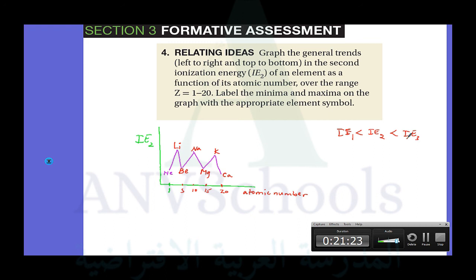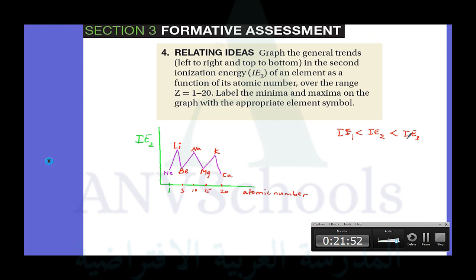Removing an electron from an atom the first time needs little energy compared to the second. Why is the second stronger than the first? Because when an electron is removed, the nuclear charge is more powerful than ever before. So this makes the second ionization energy stronger. It needs more energy to ionize, and you can give the same reason for third ionization energy.